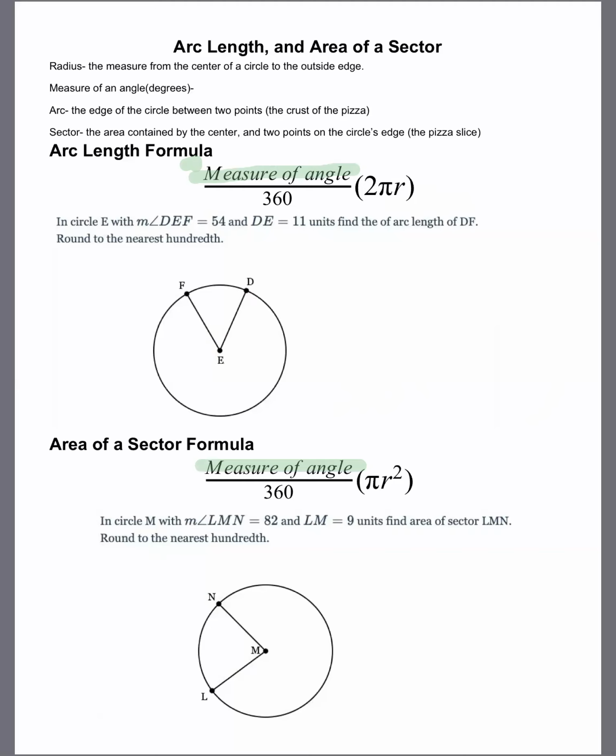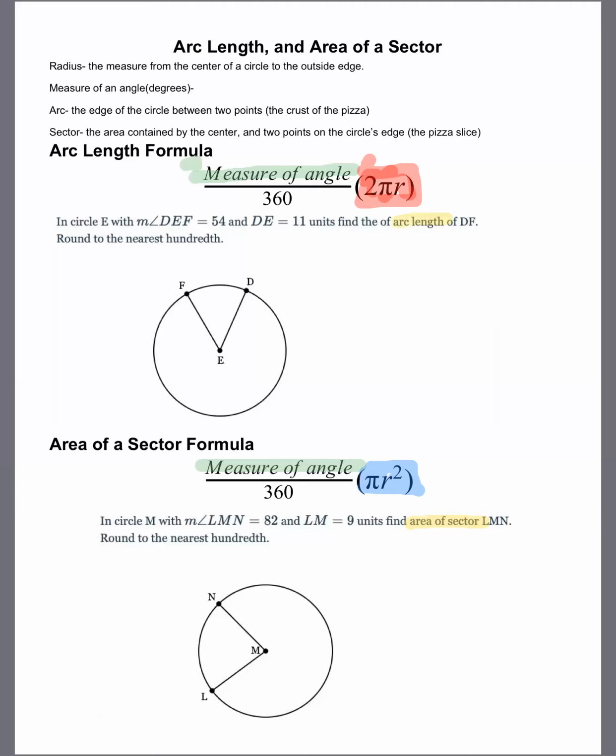Okay, so the only thing that changes between these two formulas is the area one has pi r squared, and the arc length has 2 pi r. Those are the differences between the two formulas. On Delta Math, it's divided up like it tells you in the section, and it will say find the area of the sector or find the arc length.